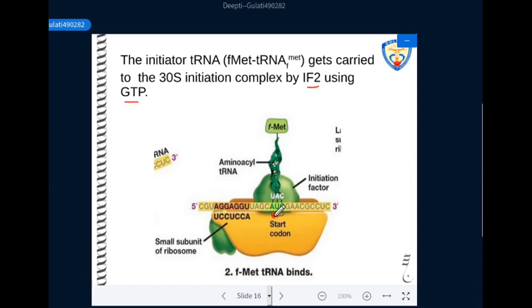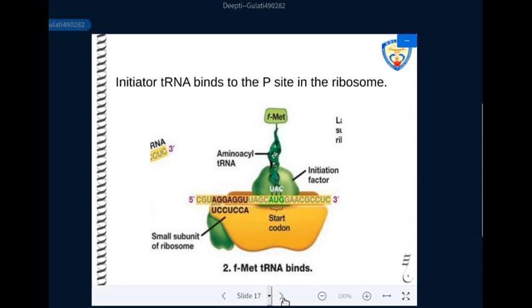And now at the start codon, the initiator tRNA is also attached. It has a bound methionine which is formylated. So the initiator tRNA binds to the P site with the help of initiation factor 2 and energy that is provided in the form of GTP hydrolysis.